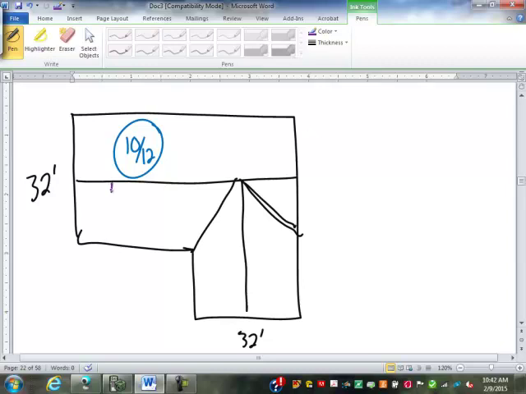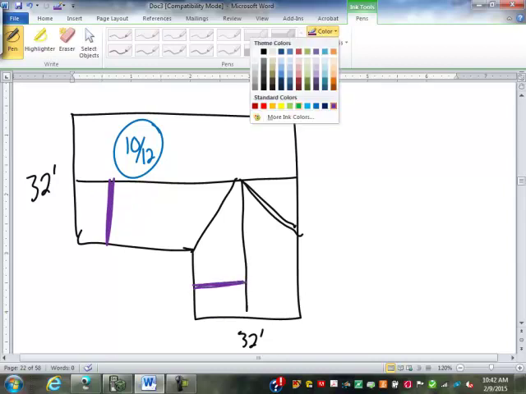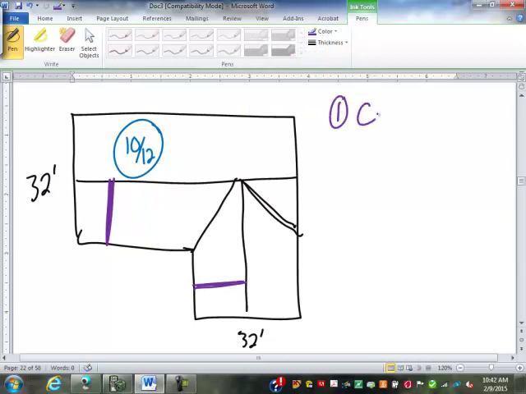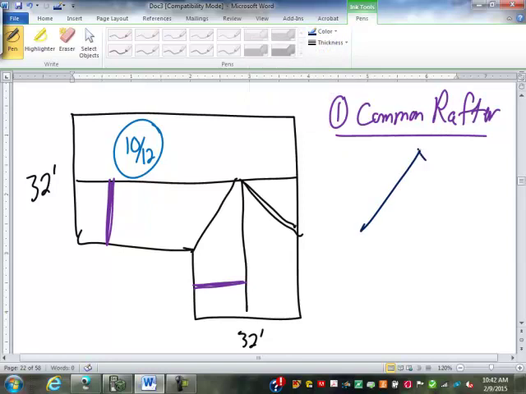So we need to find the length of the common rafter. It does not matter which side we are on because the slopes are the same, the spans are the same, the common rafter will be the same length here as it is over here. So step 1 is still the common rafter. What information is going to go in here?